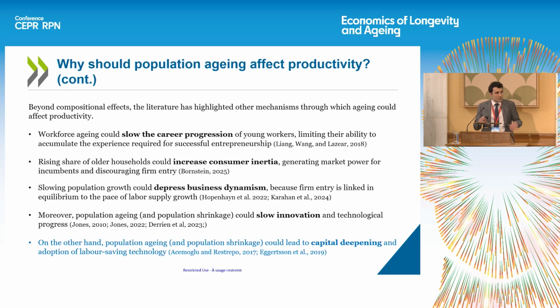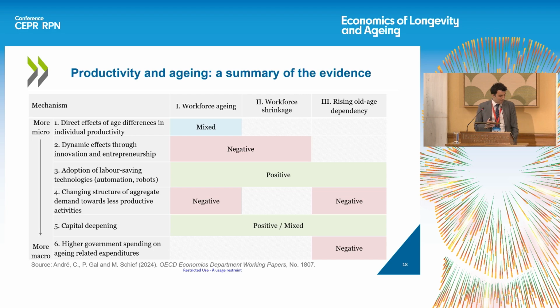We've tried to summarize that large literature in a simple table here. I'm not going to have the time to go through all of these different channels, but I just want to flag here that we think through the different mechanisms for which population aging could affect productivity, organizing them from more micro-level mechanisms like the direct effect of age differences in individual productivity towards more macro channels, going through things like the structure of aggregate demand and capital deepening and so on.